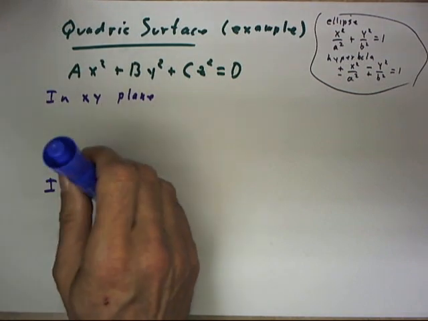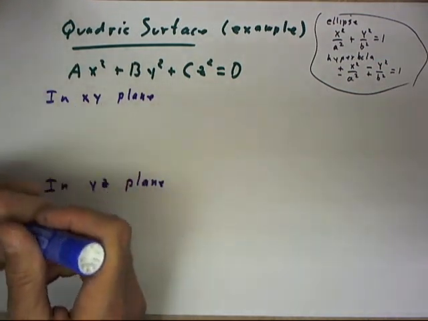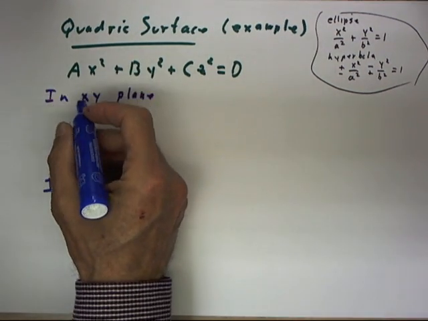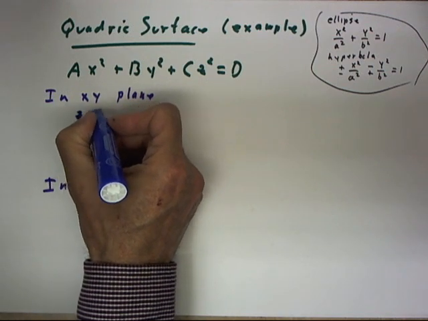Okay, in any case, in the xy plane, what do we know? We know that z equals 0.